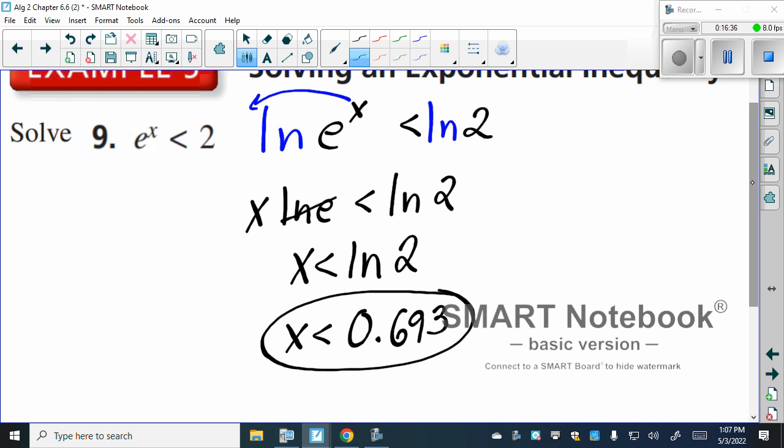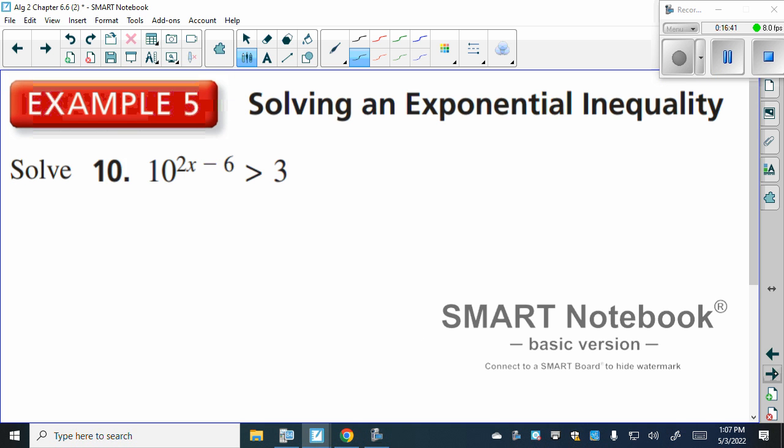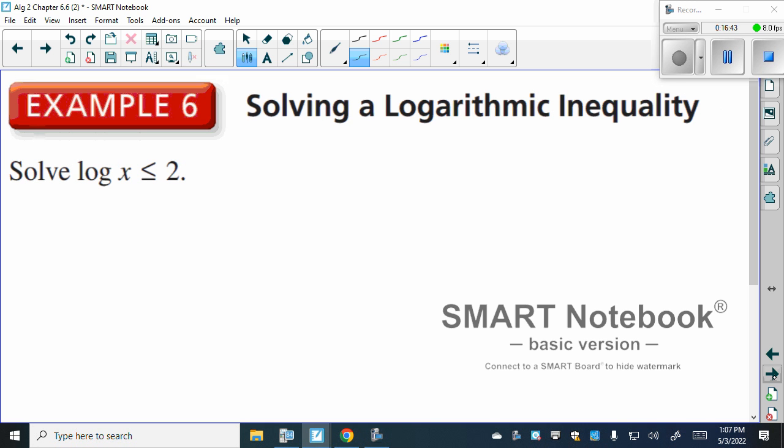Any questions on any of this here? We'll go on and look at the last type dealing with logarithms here.